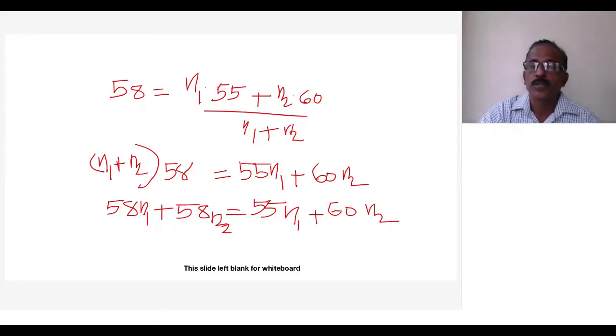Then transposing the like terms, 55 n1 can be taken to the left hand side.